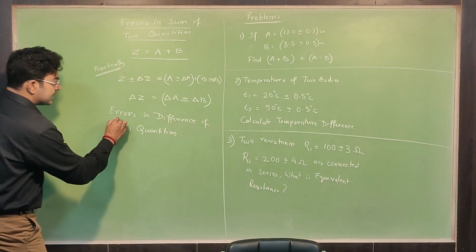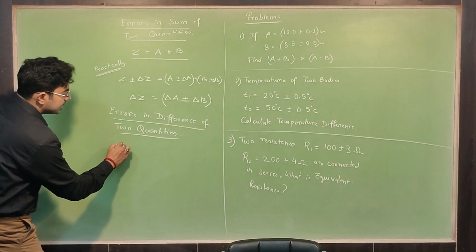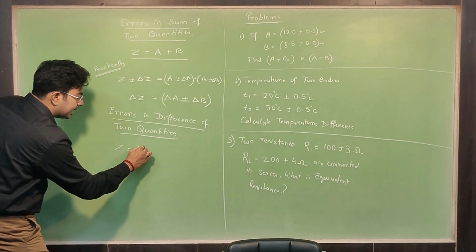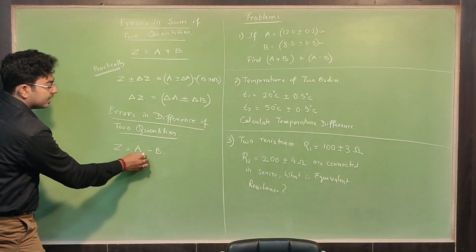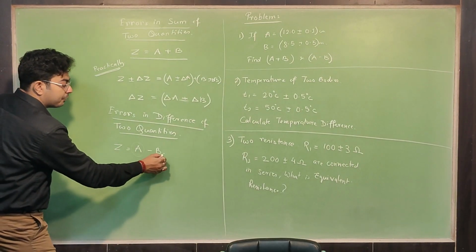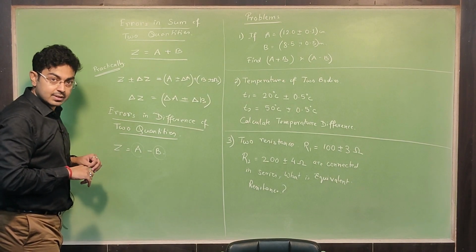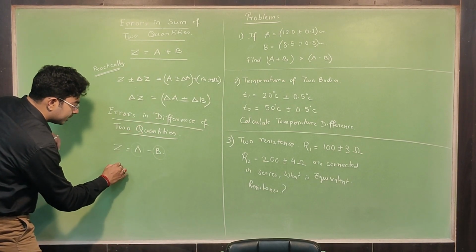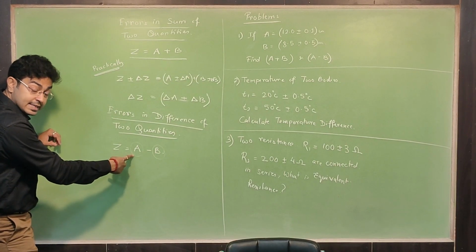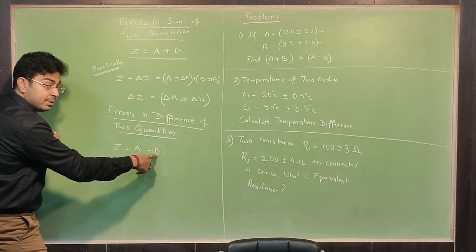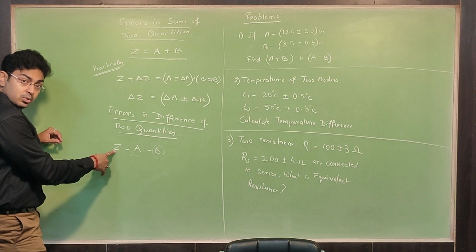Now tell me, in a situation when there is a difference of two quantities, suppose Z is a quantity that can be found out by A minus B. That means you have to measure the value of A, measure the value of B, then make a difference. While measuring A, there is an error in A. While measuring B, there will be an error, and that error will be reflected in Z. Yes or no?